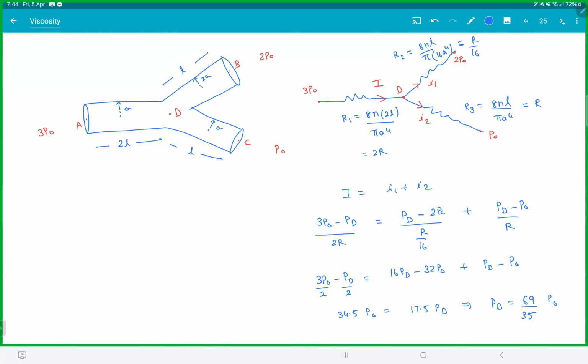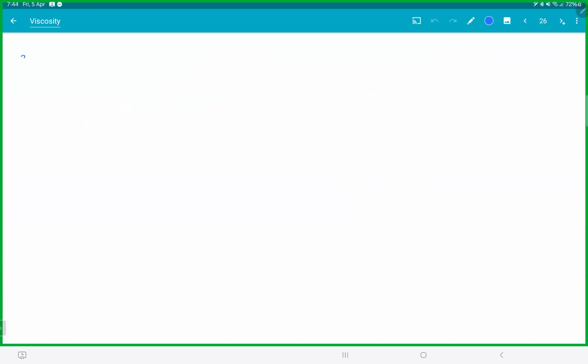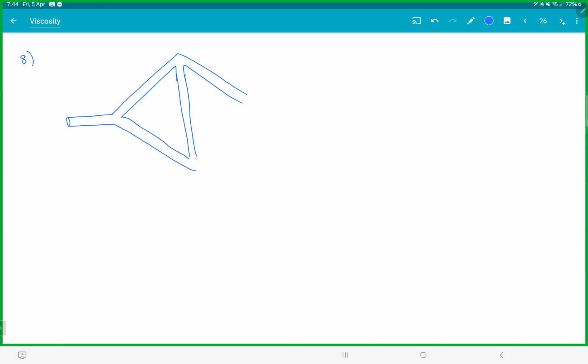Clear? Next one. So we have a liquid flowing through pipes.